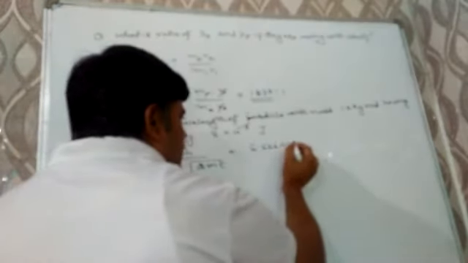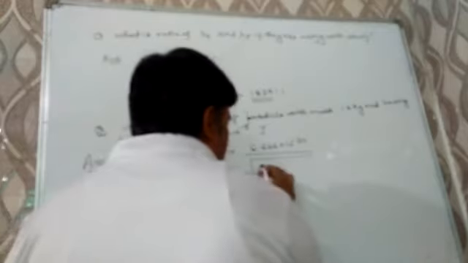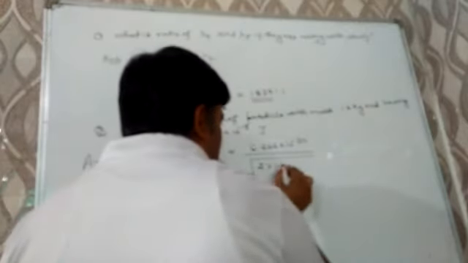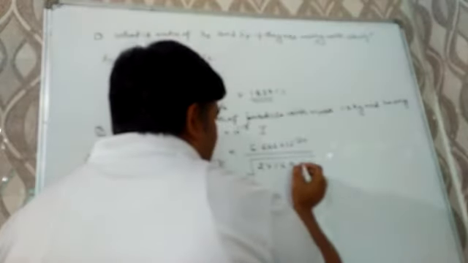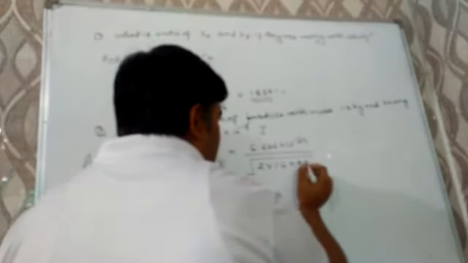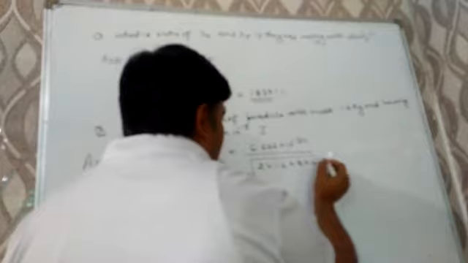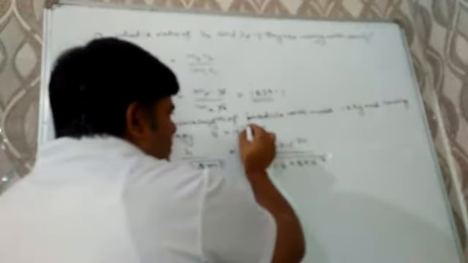So the h value is 6.626 into 10 raised to power minus 34, the mass of the particle is 1.6, and the kinetic energy is 8 into 10 raised to power minus 19, I can take it as 10 raised to power minus 19.